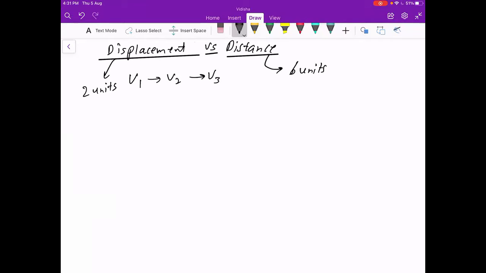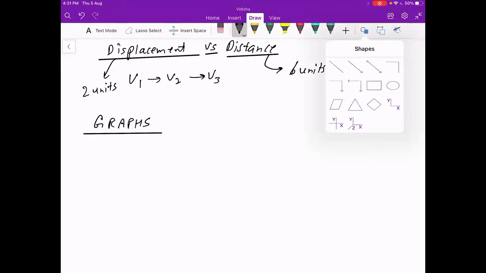ग्राफ देखते हैं. तो I'm going to draw some graphs here. सबसे पहले I'm going to draw a position time graph for you.